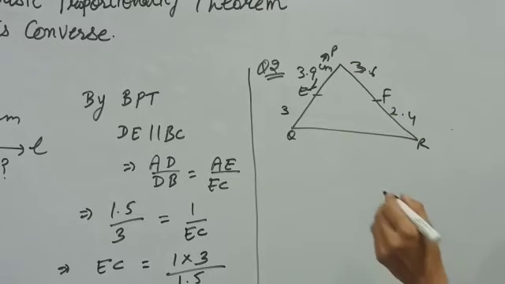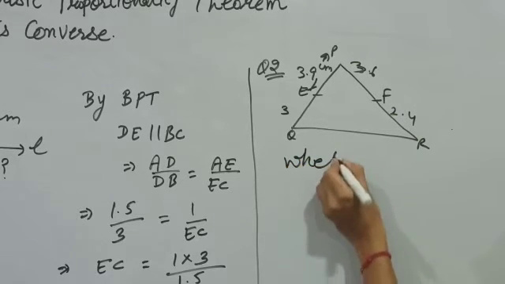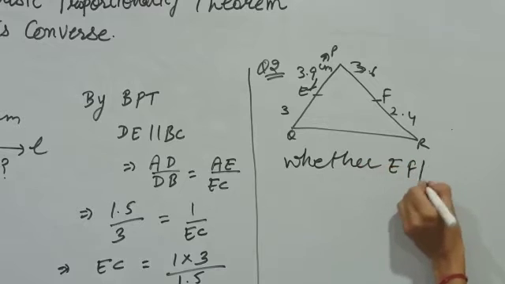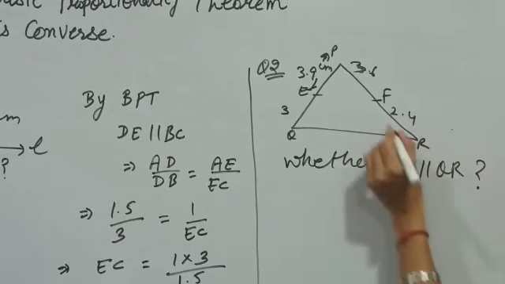They are asking whether EF is parallel to QR or not.